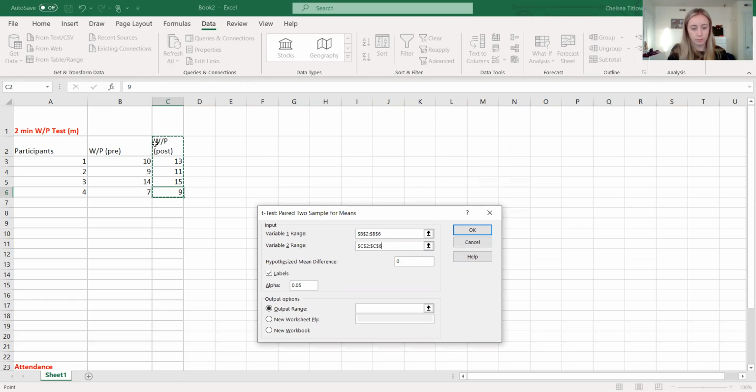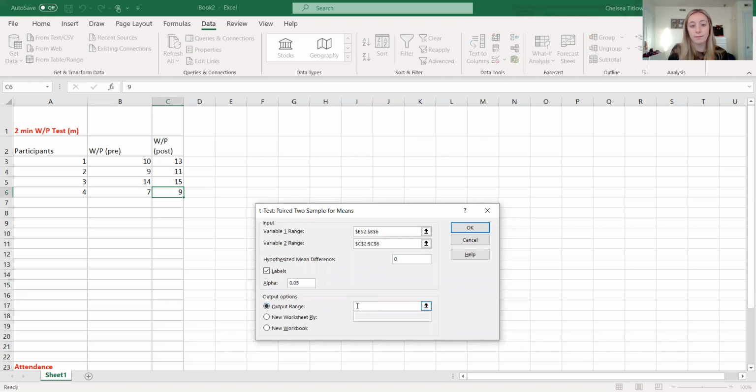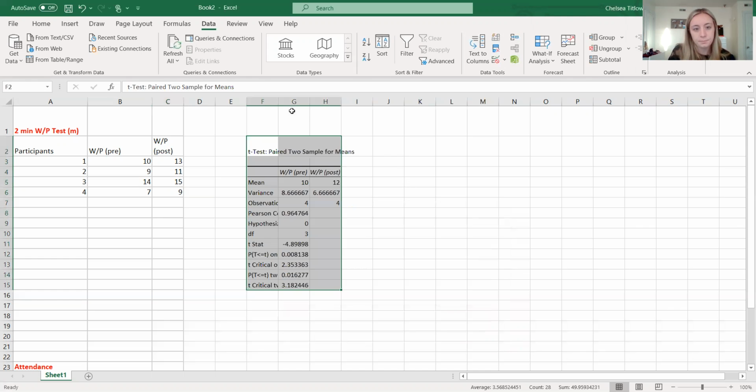Since we decided on including the labels, you'll have that checked. You want the hypothesized mean difference at 0. Keep the alpha at 0.05. That'll show us if our p-level is below that, which would make it statistically significant. Then for your output range, that's just where you want this information to be shown on your screen. So I'll put that right here.